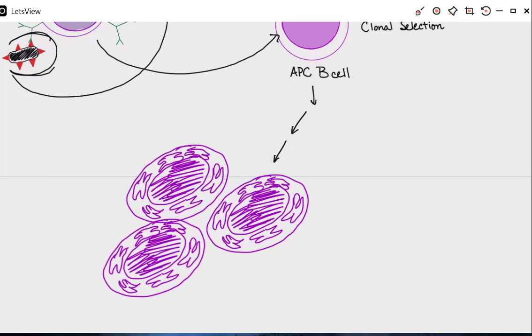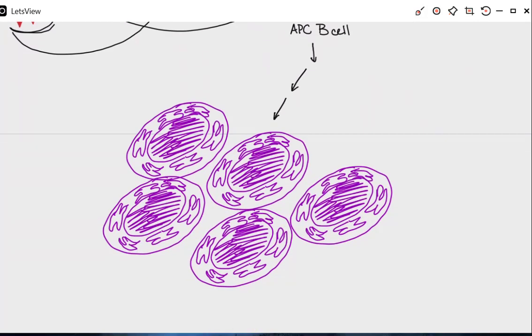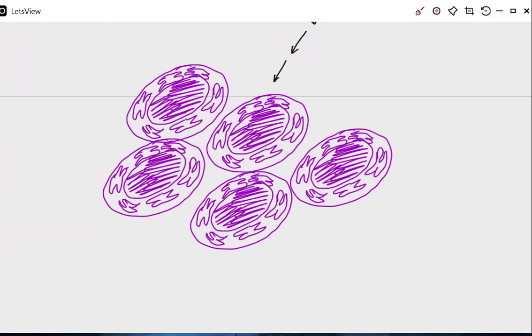So most of the daughter cells differentiate into what are called plasma cells. And plasma cells are the ones that make the antibodies. They're short-lived. They don't live very long. And these guys are going to mass secrete huge quantities of antibodies.